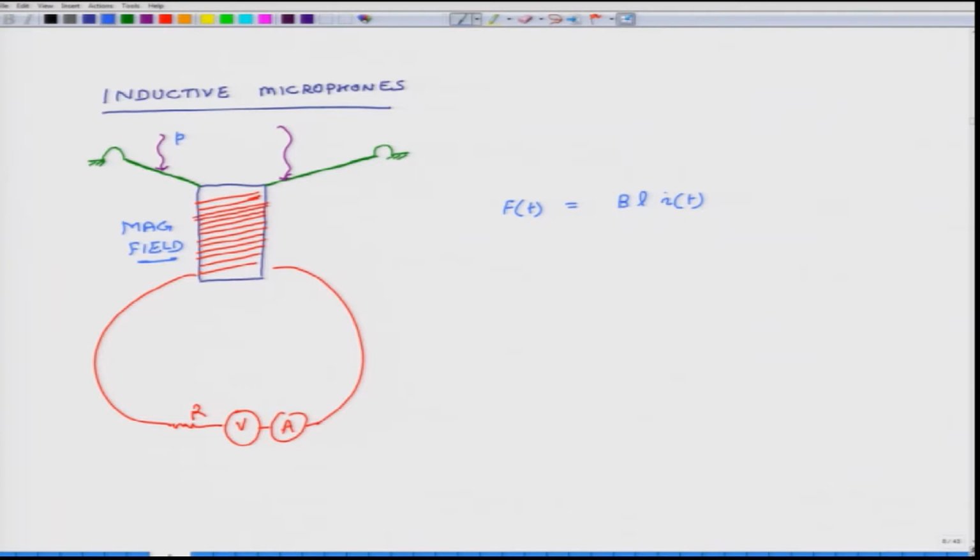Through some electronic system we measure changes in current, and from that we can figure out the sound pressure level. So, this is the inductive principle.